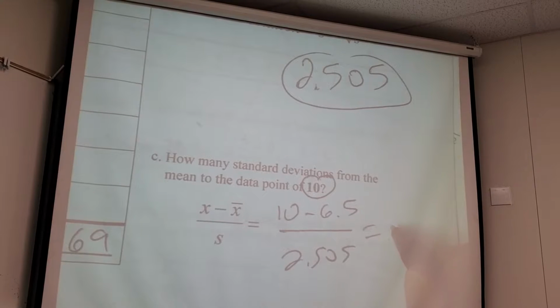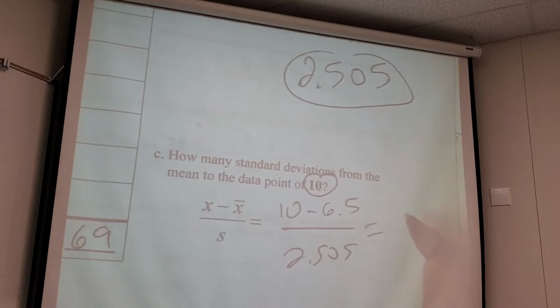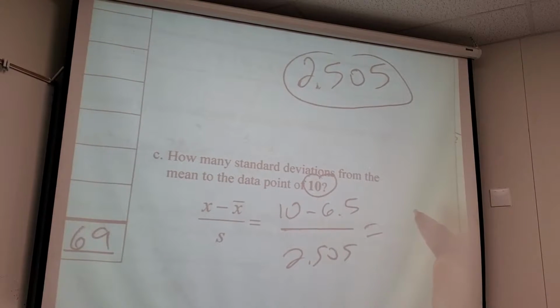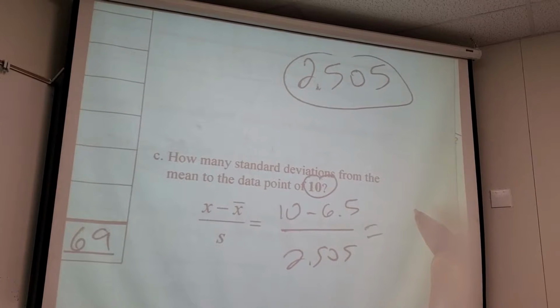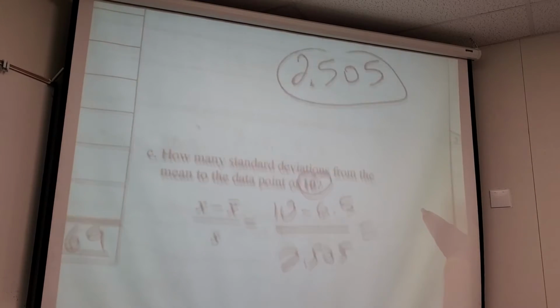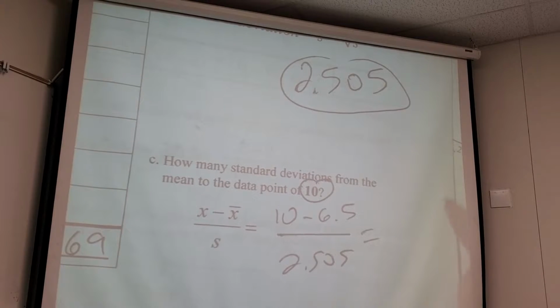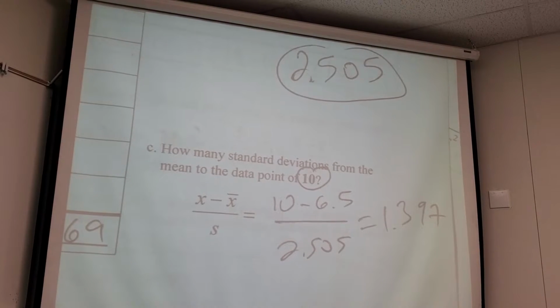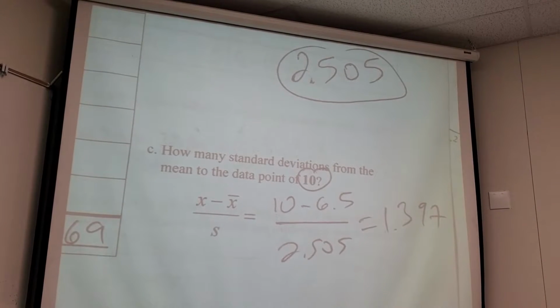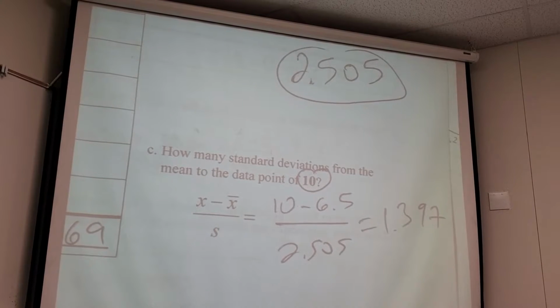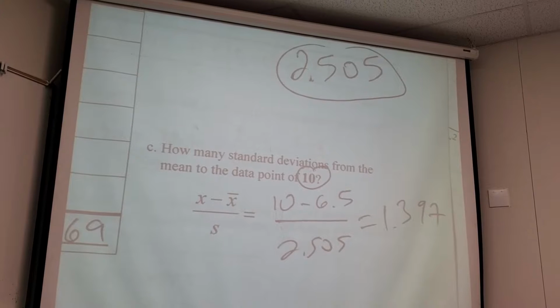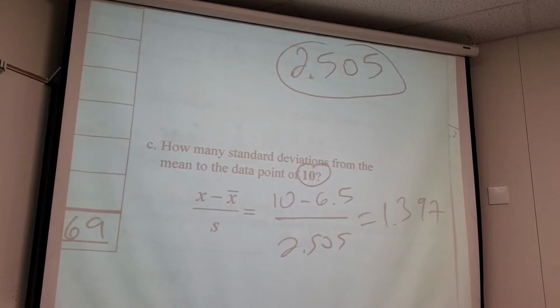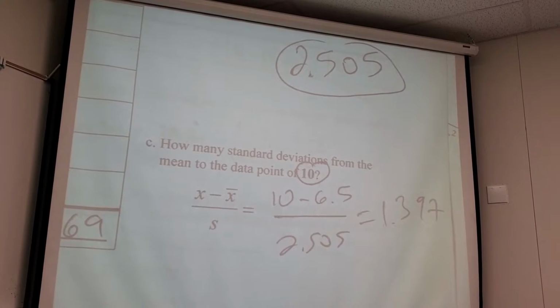And it should come out to be a little less than, what is that? 2.59, 3.5, what's it come out to be? 7/5, 1.4? 1.397 to be precise. I like it. So that 10 is 1.397 steps above the mean. That's what that says. That's what that means.